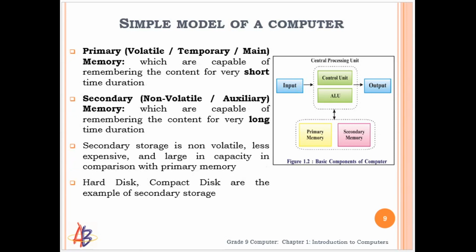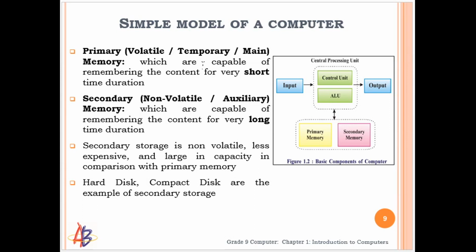Next, we will see the memory block. First thing is primary memory. Primary memory is also known as volatile memory, temporary memory, or the main memory. Why is it called main memory or volatile memory?